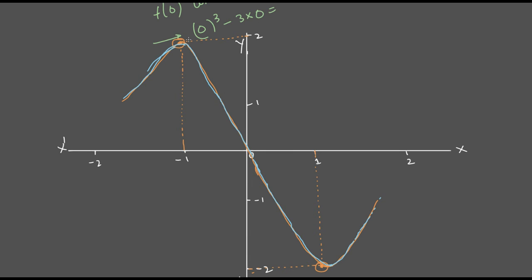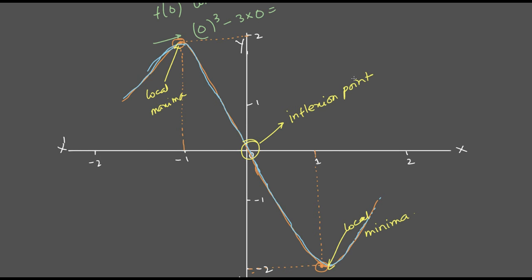So here we get local maxima, and here we get local minimum, right? And this, my friend, is the inflection point.